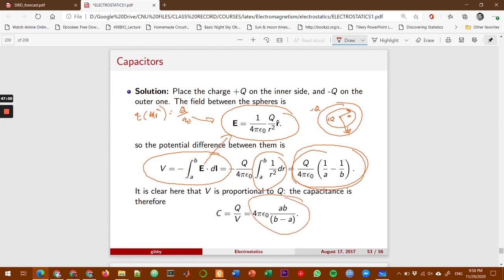Mao na imong capacitance. So this is very interesting to note. If you have a capacitor nga concentric shell or sphere ang imong gamit, so if magkadako ang imong radius A and B, of course modako pa imong capacitance, which actually makes sense, right?